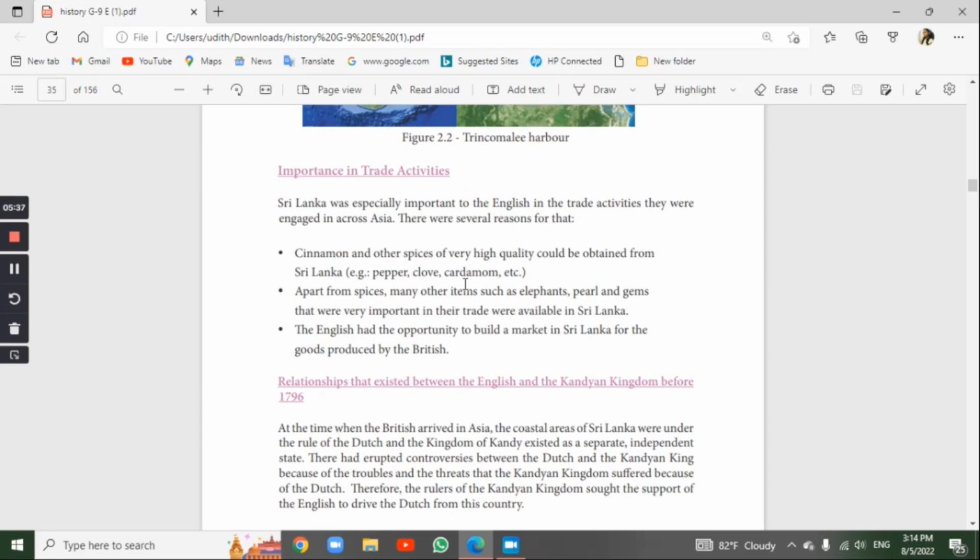Elephants, pearls and gems are very important for their trading activities. As elephants, pearls and gems are unique to Sri Lanka, they were able to take them and trade. Third, the English had an opportunity to build a good market in Sri Lanka, and they were able to build a good market by trading with other countries.